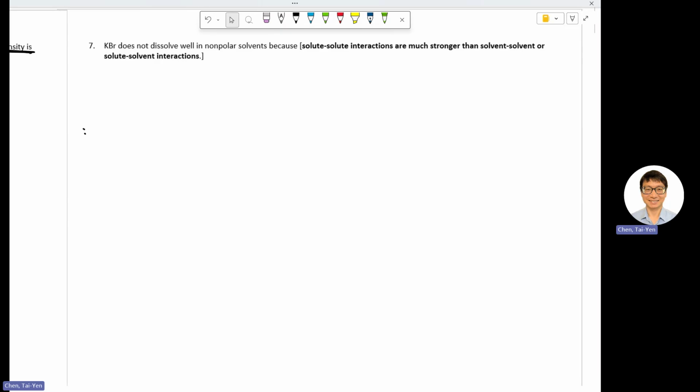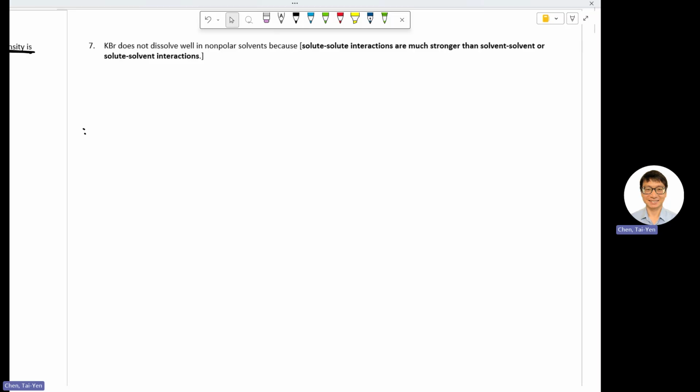But when we talk about solubility, the thing you should start to think about is the interaction between the solute and the solvent. KBr is an electrolyte and is hydrophilic. Nonpolar solvent means organic solvent, which is hydrophobic. So you know your solute and solvent don't like each other.